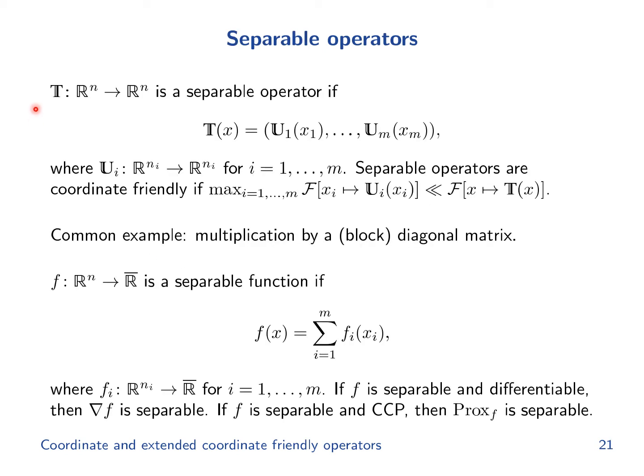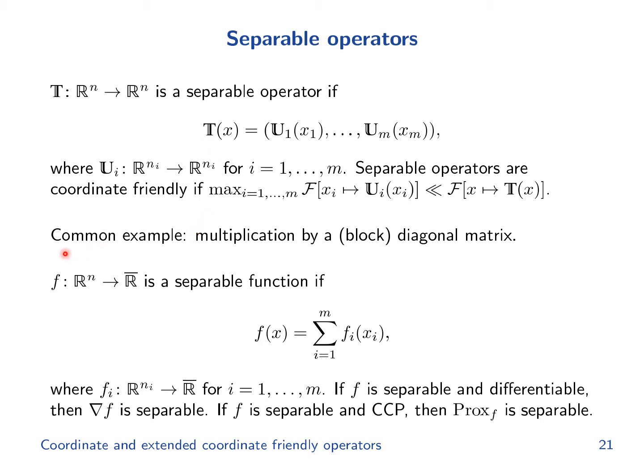Separable operators are likely coordinate-friendly. We say an operator is separable if calculating the operator breaks down to calculating m independent operators. So if the worst cost of calculating those smaller operators is much less than the cost of calculating the entire operator, then this operator T is coordinate-friendly.